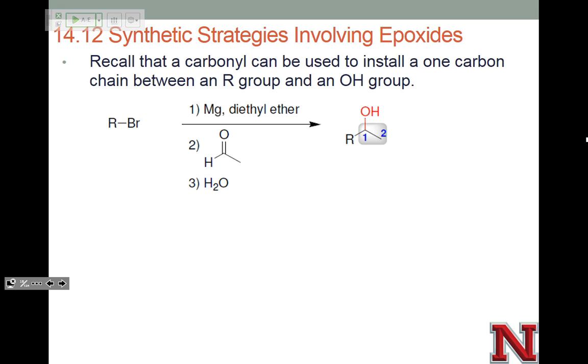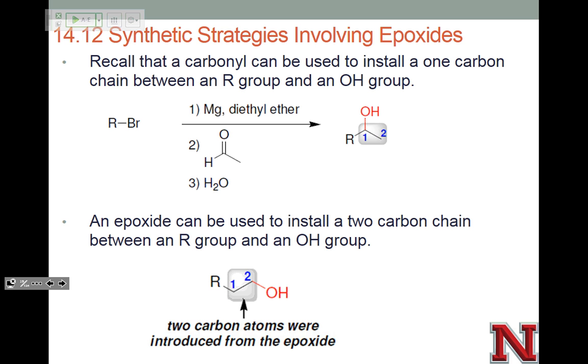That means that the new carbon-carbon bond and the alcohol are on the same carbon. The difference between that and the epoxide is that the Grignard attacks one of the carbons of the epoxide, and then the ring opens. So that means the new carbon-carbon bond is on carbon 1 and the alcohol is on carbon 2.